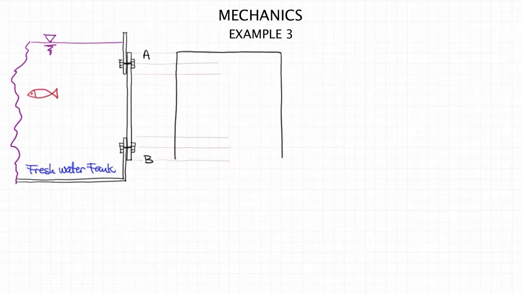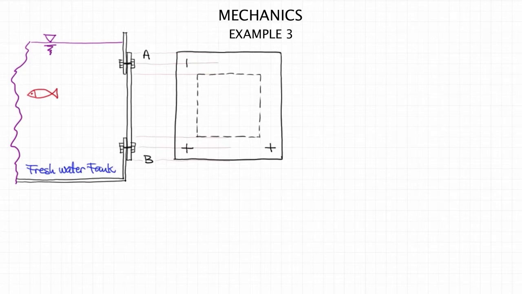So this would be the door seen from the front, and dashed here would be the opening behind it. This is where the water is in contact with the door, all across this area of the opening. Then we have the 2 bolts at A and at B, so 4 bolts in total. The center line of the opening and the door.